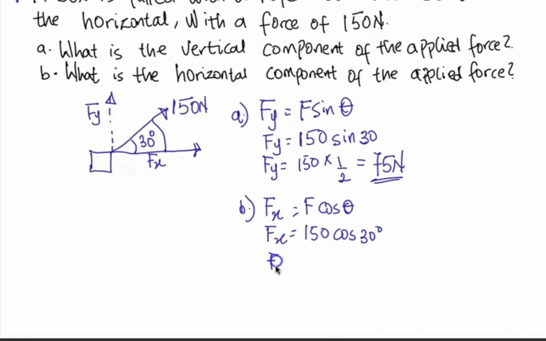So Fx will be 150 times √3/2. So when we do our calculation, Fx will leave us at 75√3 Newton, because 150 divided by 2 is 75. So this is the answer to both questions.